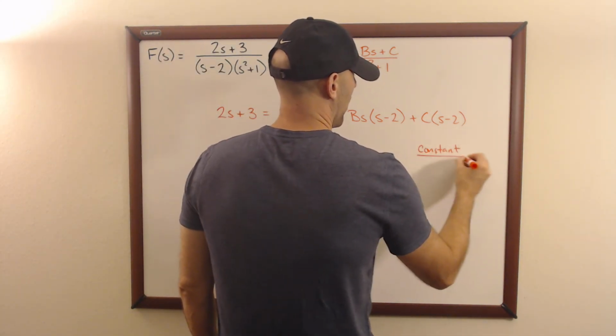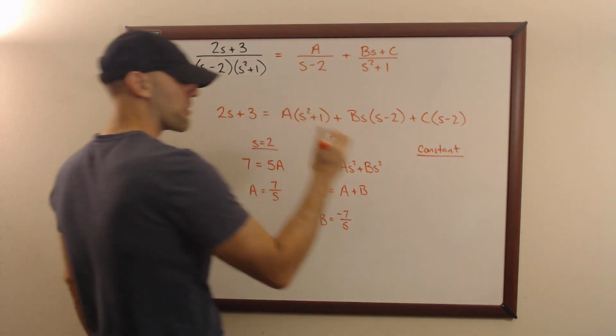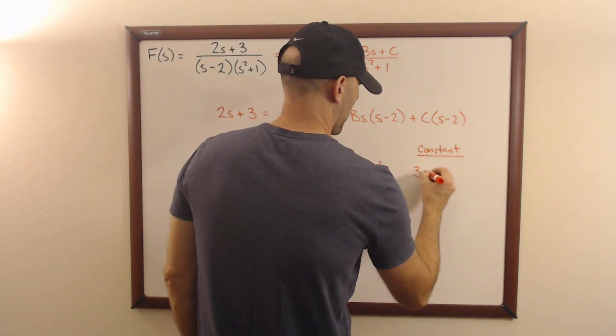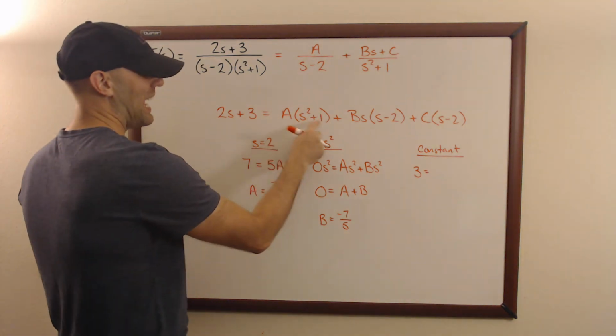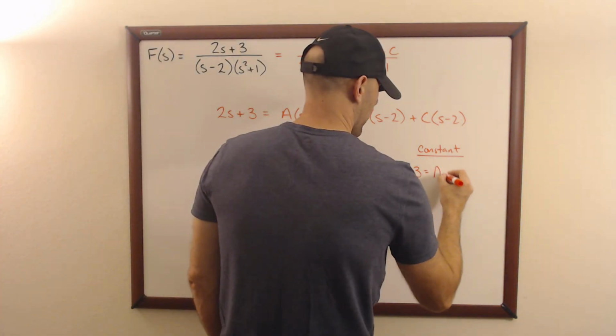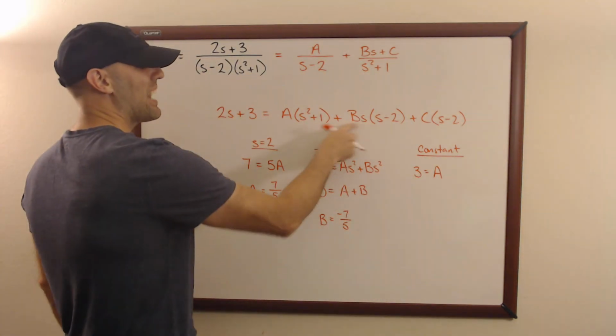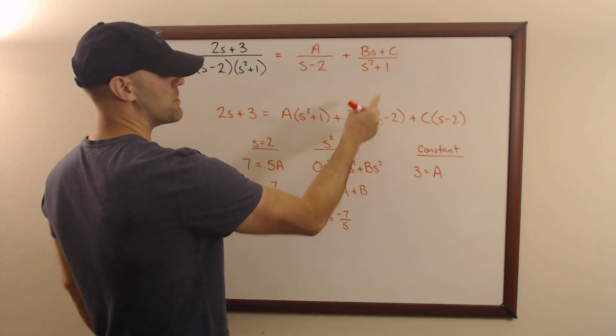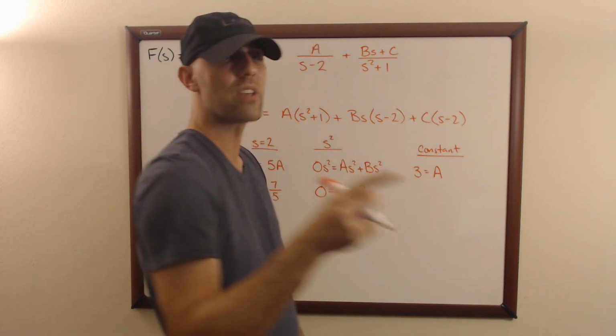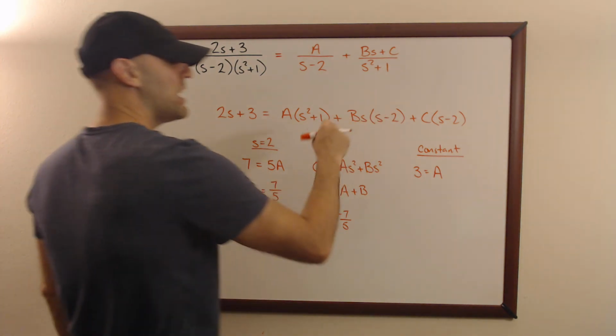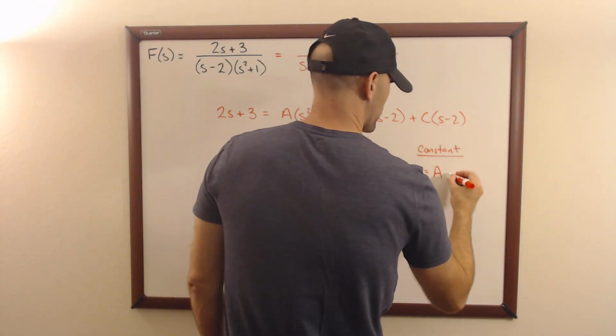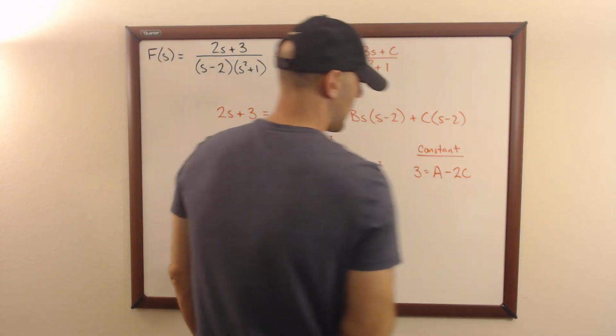okay? On the left-hand side, my constant term is a 3. And on the right-hand side, I've got a times 1, that's a constant term. Notice that b cannot create a constant term. bs times s, that's bs squared, bs times 2, negative 2bs. Neither of those are constants, but c can. C times negative 2, so I've got minus 2c.